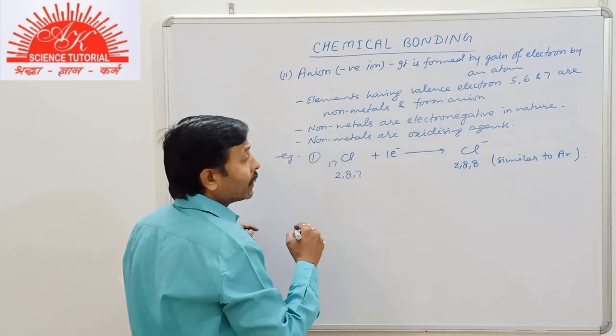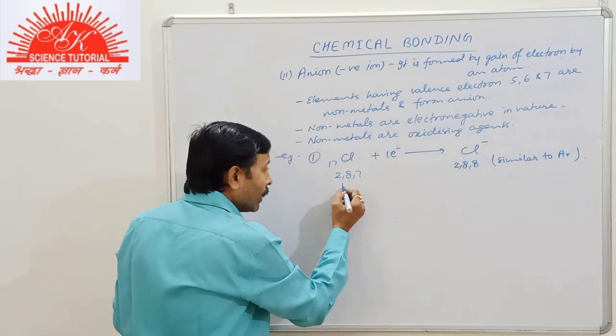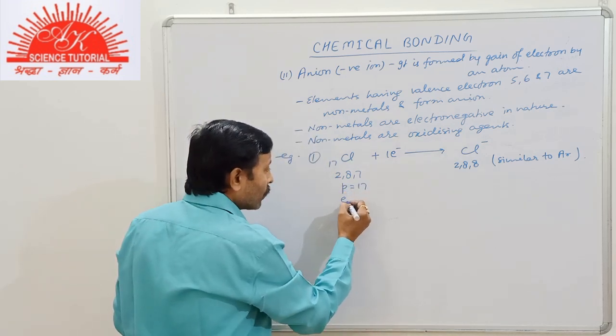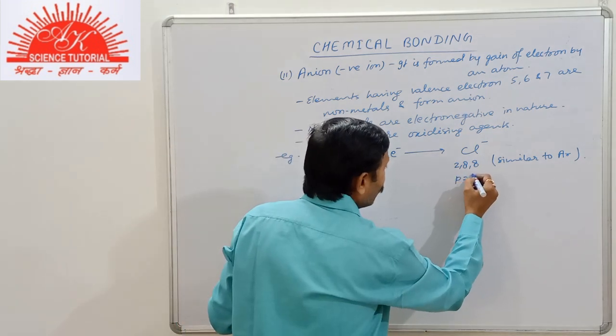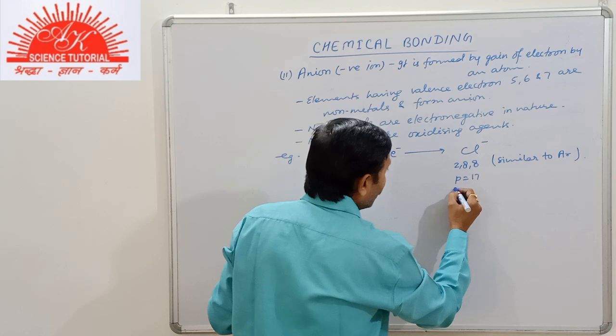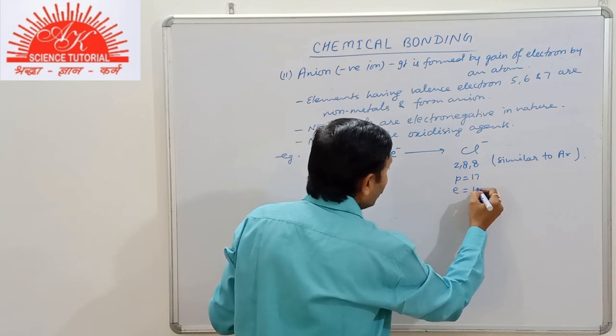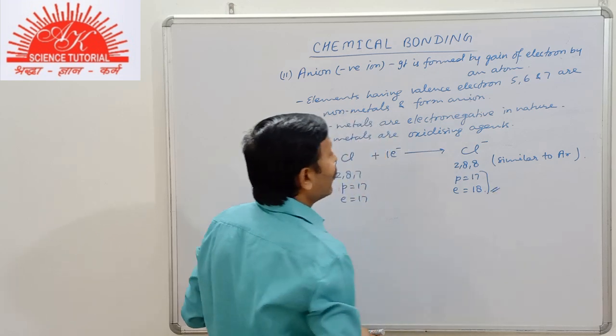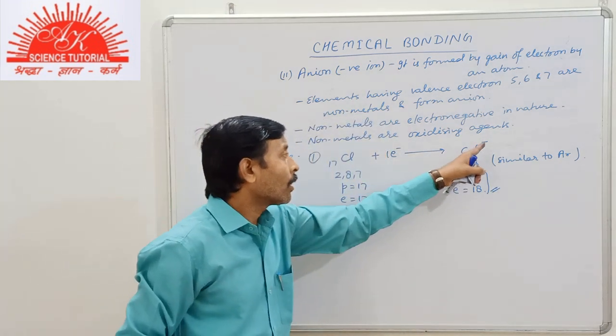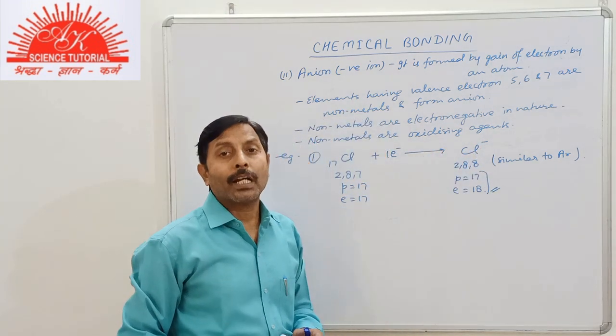How is the charge developed? There are 17 protons, 17 electrons in the atom, but here protons are 17 while electrons are 18. There is one extra electron which imparts 1 unit of negative charge.